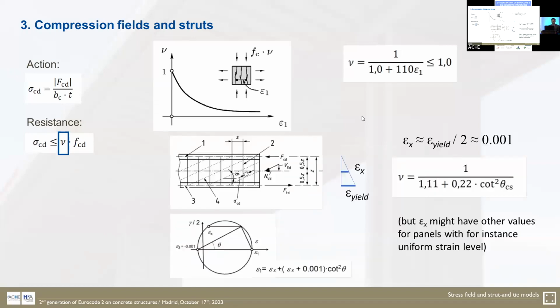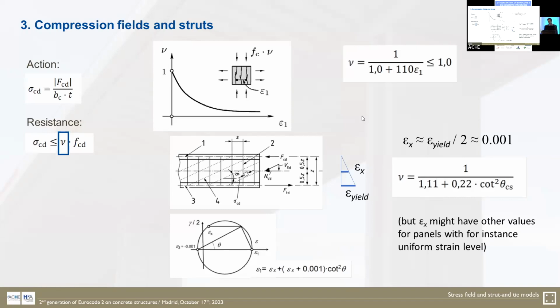Also, this has opened the door to a very nice approach of consistency with the shear verification. By using the same assumptions or the same expressions, but suitably evaluating the average level of strain that we are having in a web subjected to bending and shear, we are capable of calculating, just by plugging the value of this principal tensile strain into the general formula, the value of the efficiency factor.